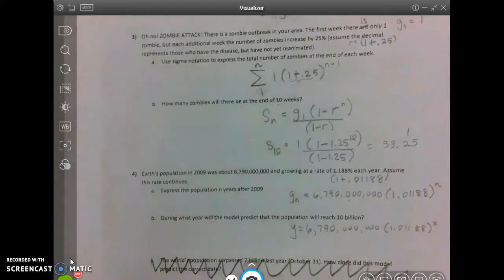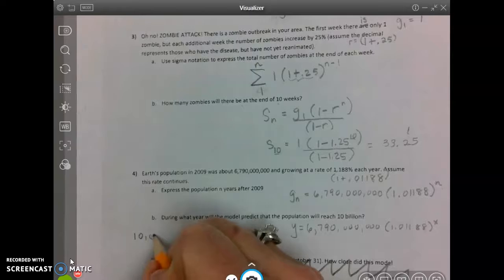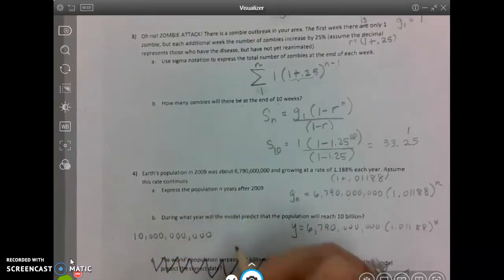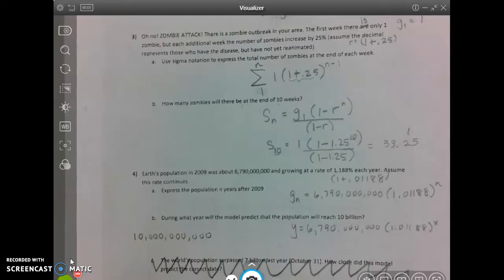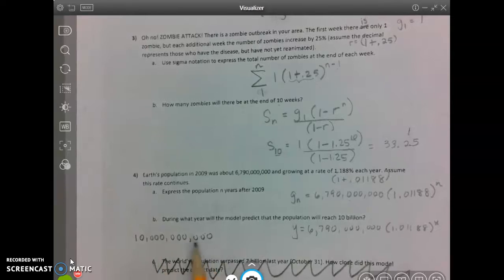And then I'm going to pull up my table looking for 10 billion. I'm wondering if they're going to write it in scientific notation. So I'm writing this out so that I know how to look for this in the table.